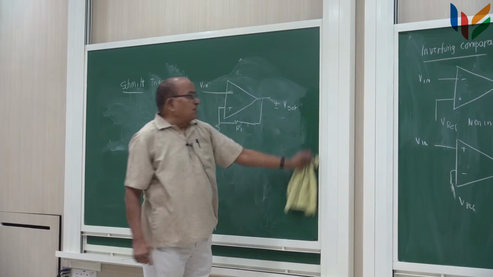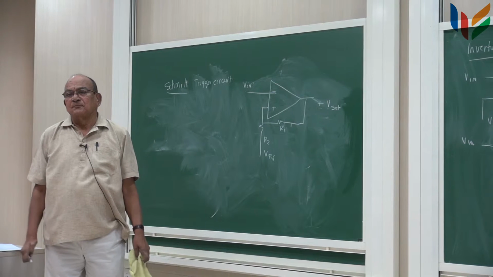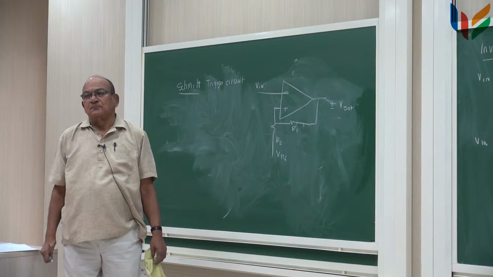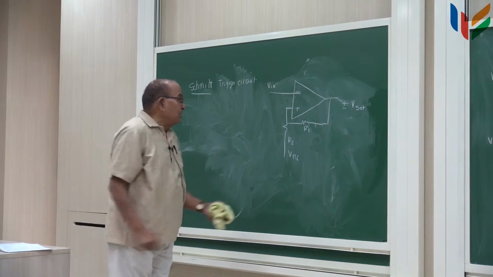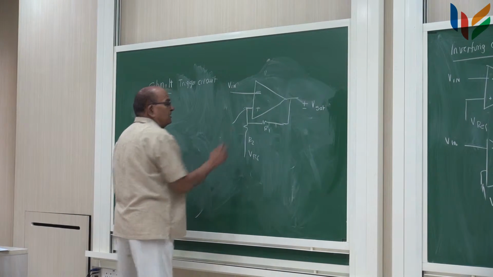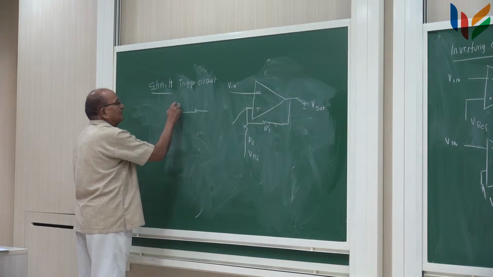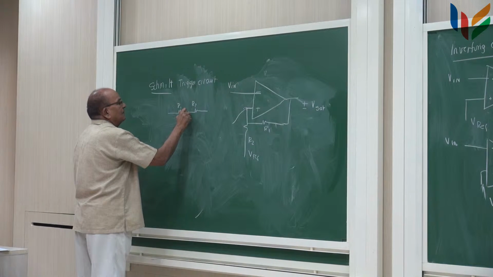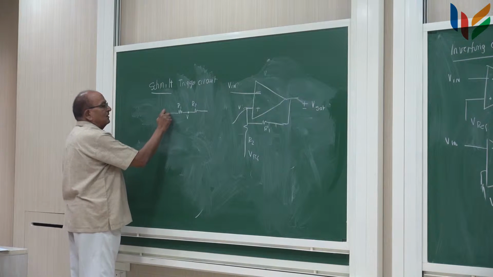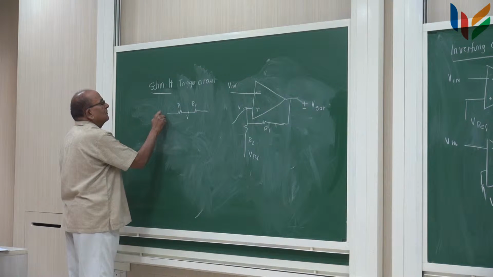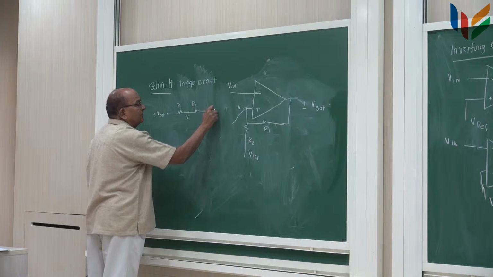So, what is the characteristic of this circuit now? The effective voltage here is equal to... this side it is sitting at V sat plus or minus, and this is sitting at V reference.